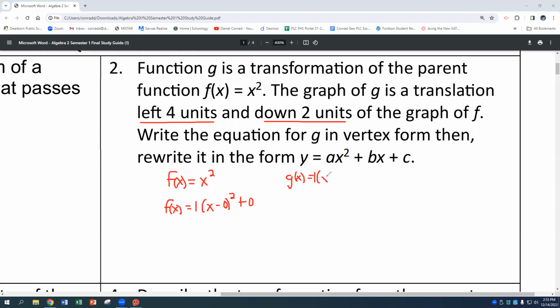Okay, x minus, right? So we want to go 4 units to the left. So we want to go left 4. So we're going to put that in right here. So this is our left 4. And then we want to go down 2.